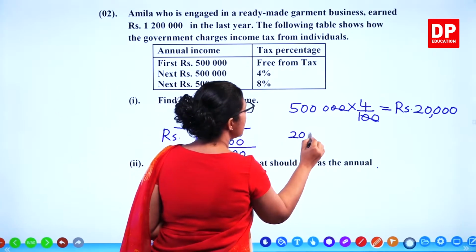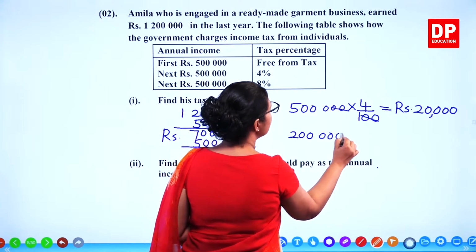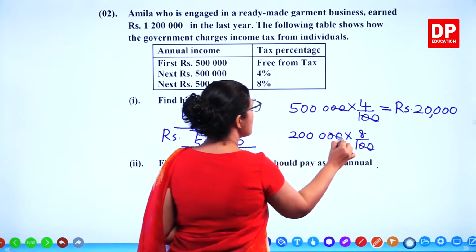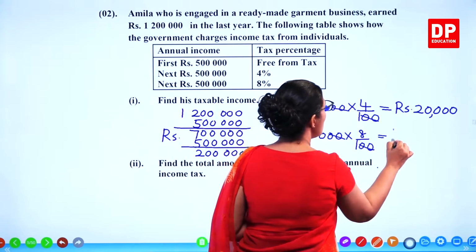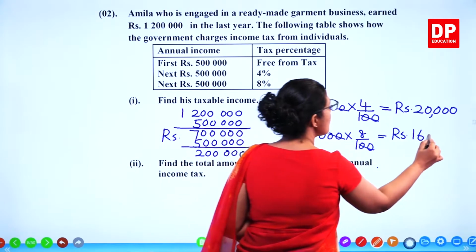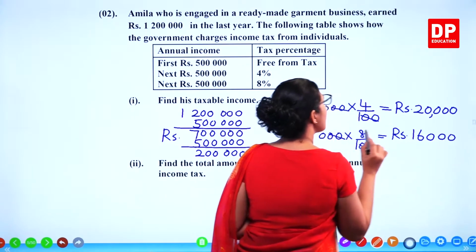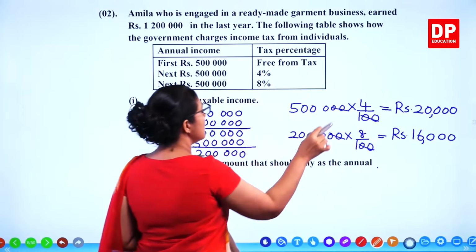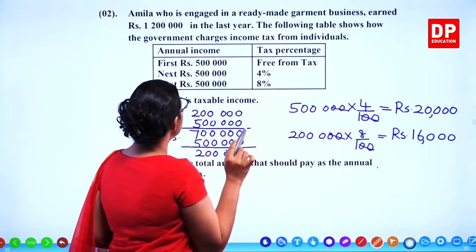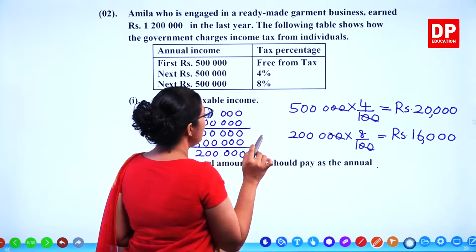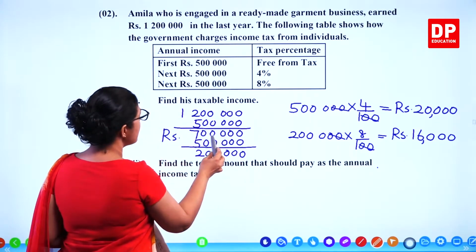That one is 8%. 2 zeros, and 8 times 2, 16, and 3 zeros. So what's the total amount? Find his taxable income. So taxable income is this one.